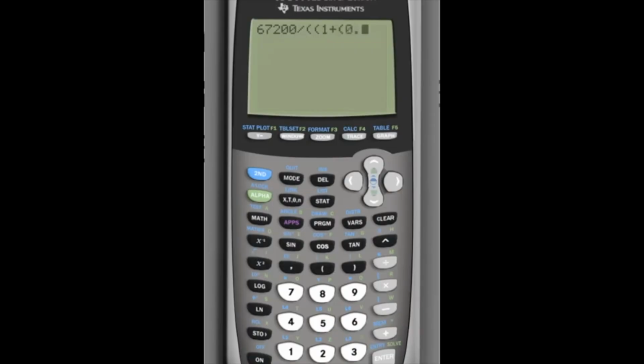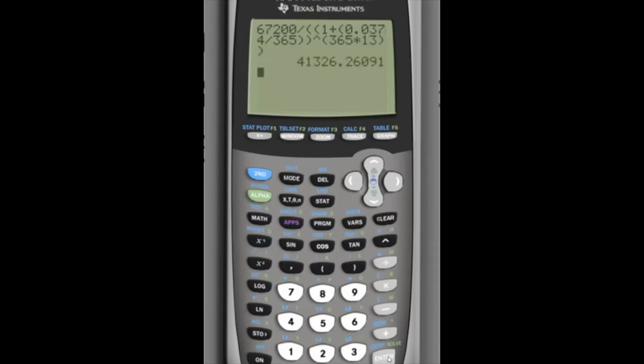We have 0.0374 divided by 365. Then we want to finish off that chunk there. Then we finish off what's inside our parentheses for our exponent. And our exponent, we said, will be 365 times 13. Finish off our exponent, finish off our denominator.